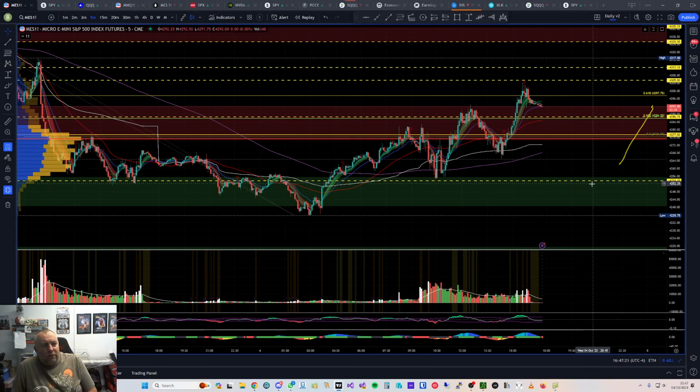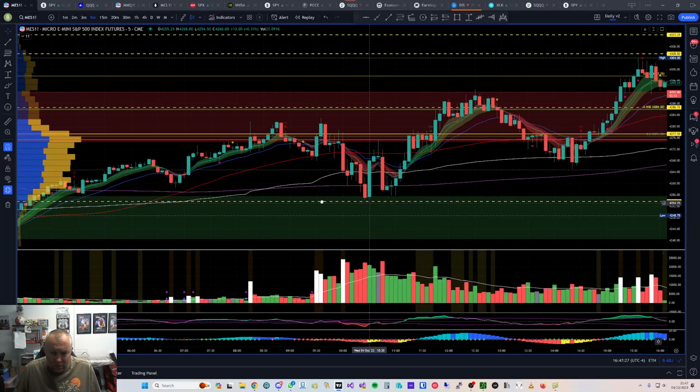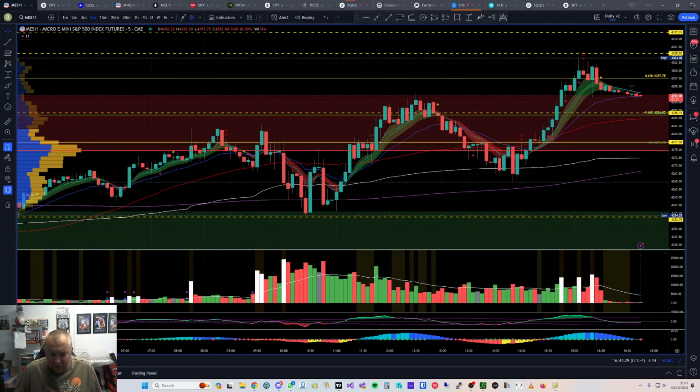Anyway, back onto the 5-minute chart for the MES. Going into 9:30 this morning, I didn't trade until the market had opened. So my first trade was, I was trying to go for a break and retest, and it was off this daily level, came down, and it was a bad trade anyway.